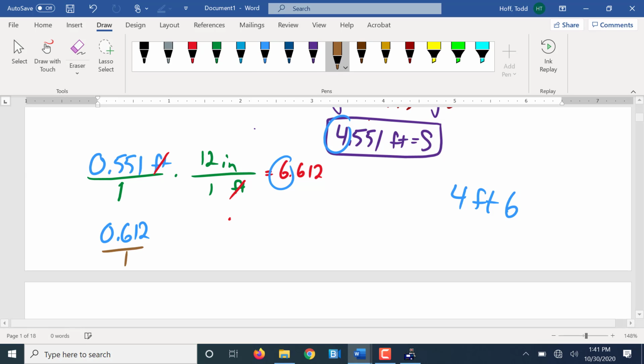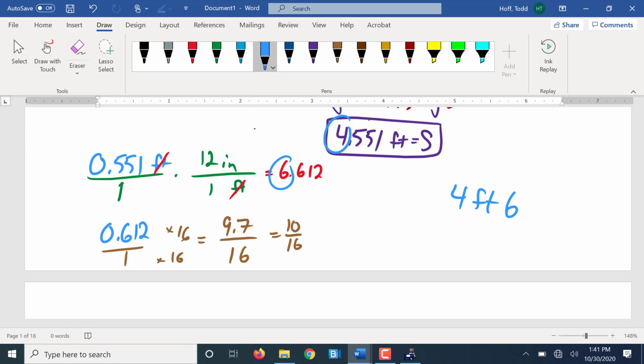There you go. We multiply by 16, which gives us 9.7, so 9.7 is really all the further we need to go. The 9.7 tells us we're going to round to 10. So 10 sixteenths or 5/8.